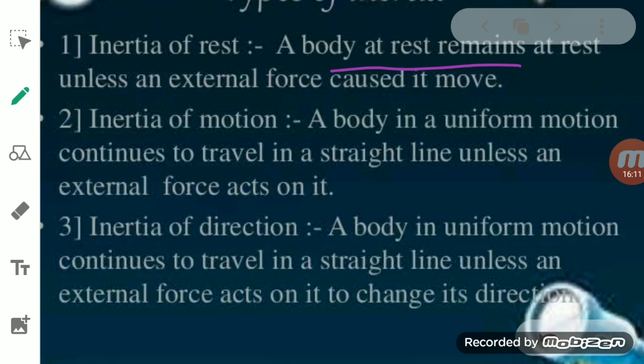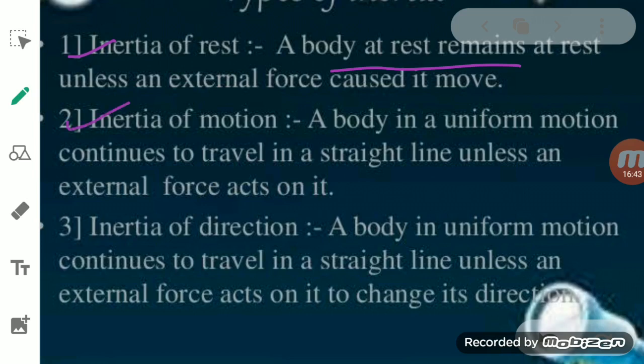So it is a body which resists its state of rest. A body at rest will remain at rest until an external force is applied on it which makes it change its state and causes it to move. That is inertia of rest or inertia at rest.